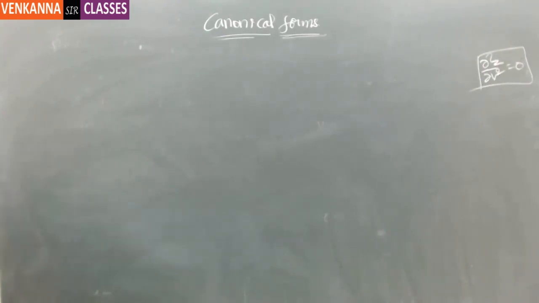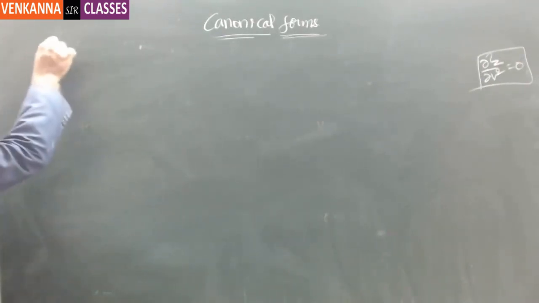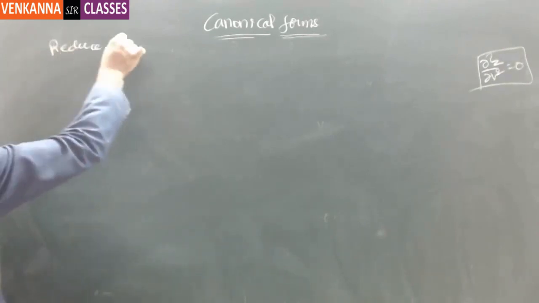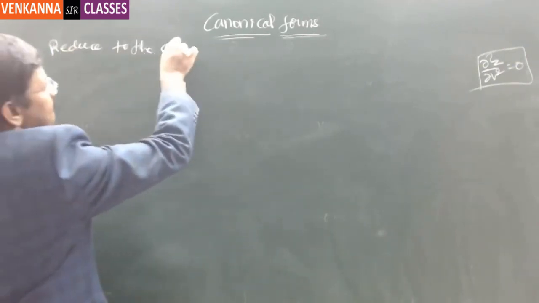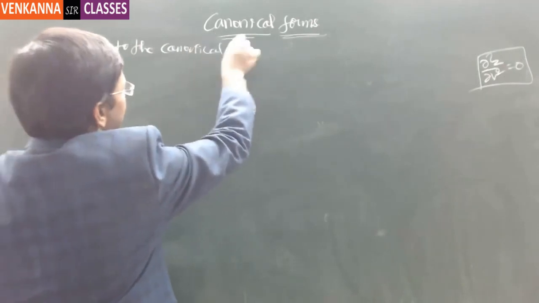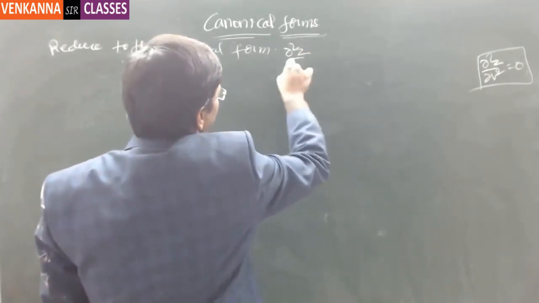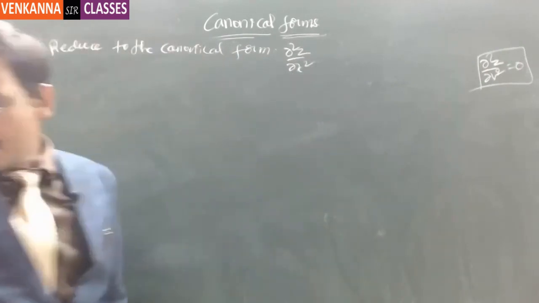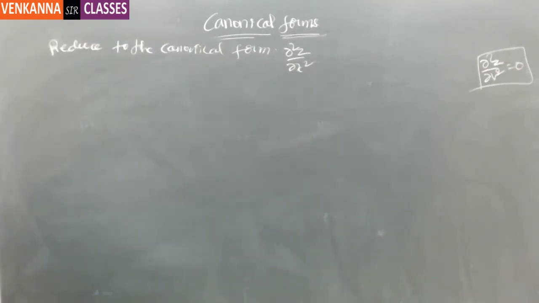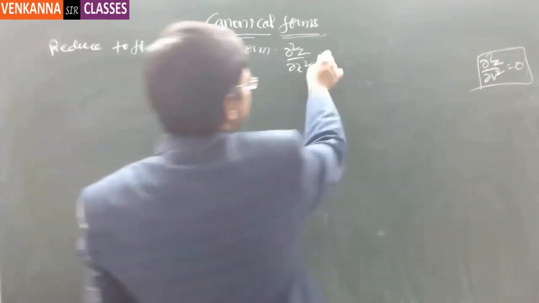Dou square z by dou x square plus x square into dou square z by dou y square equal to 0.